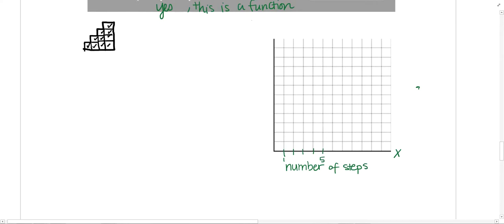And then here we're going to look at the number of blocks. And for this we need to get up to 15. So 1, 2, 3, 4, 5, 6, 7, 8, 9, 10, 11, 12. So this isn't enough to go by ones. So maybe we can go by twos. So 2 blocks, 4 blocks, 6, etc. 8, 10, 12, 14, 16.